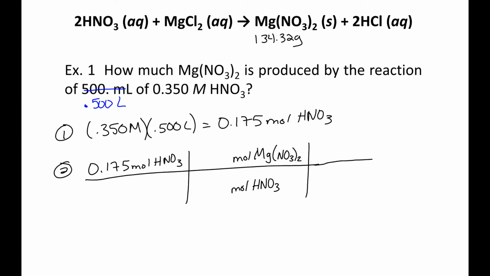Now we just have to use the equation to find the numbers. So moles of HNO3, 2 and 1, and that crosses that out. And 1 mole of Mg(NO3)2, magnesium nitrate, has a mass of 134.32 grams.